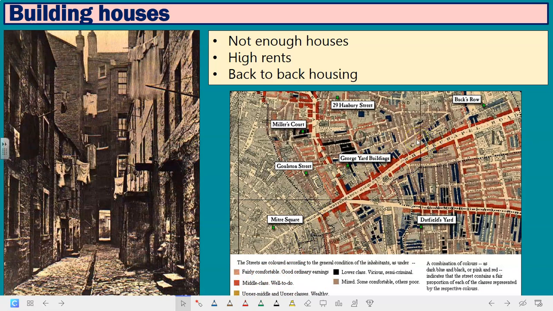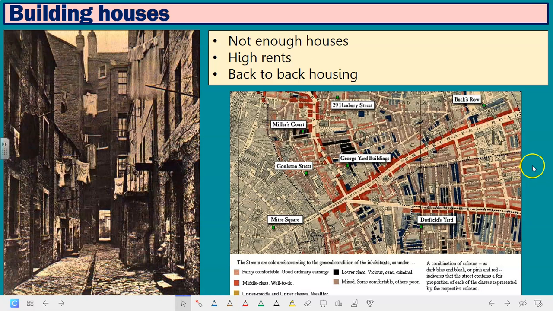When you got into the back streets behind those big main roads, what they found was that we had much lower class, poorer people, and Charles Booth was focusing particularly on criminality. So he found that in these areas there was lots of vicious criminal activity going on. And actually in this area of Whitechapel was where many of the murders committed by Jack the Ripper took place.